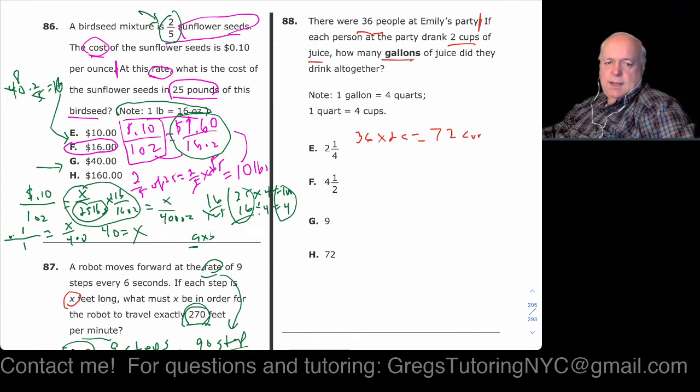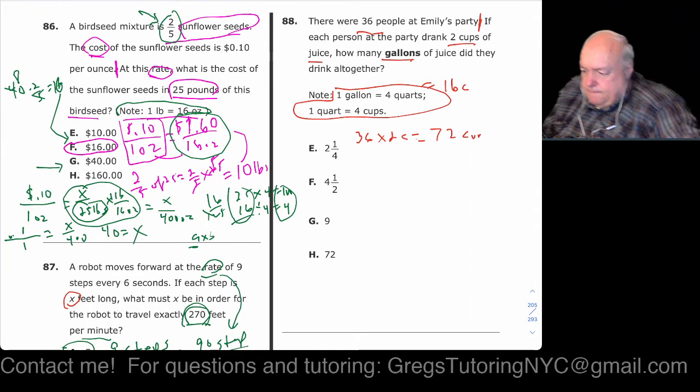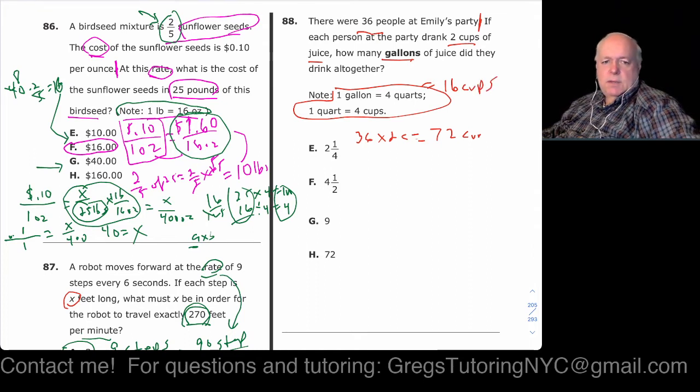So again, they give us the conversion here. All right, so if a gallon is 4 quarts and a quart is 4 cups, then a gallon is also equal to 16 cups, right? We're just going to multiply by 4.